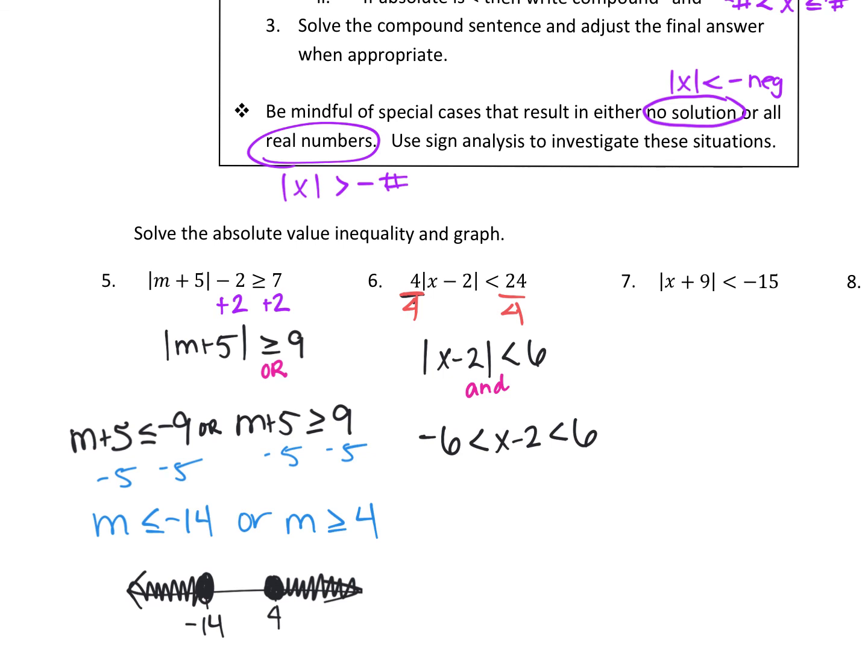So we're going to write the between statement for the less thans, and the two equations with opposite inequalities for the ors. And we're going to add 2. And I get negative 4 less than x less than 8. Draw it on a number line. Open circles, shaded between.